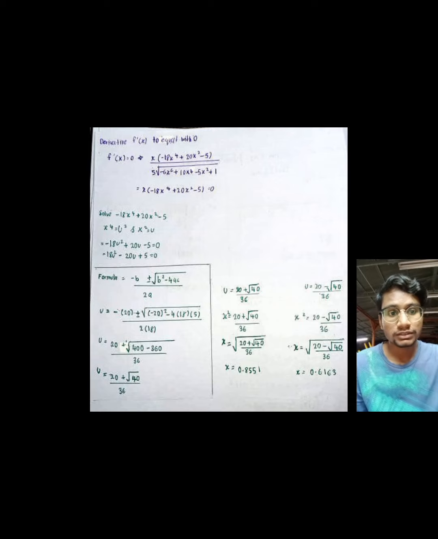After that, we use the formula: negative b plus or minus the square root of b squared minus 4ac, divided by 2a. So u equals negative (20) plus or minus the square root of (-20) squared minus 4(18)(5), divided by 2(18). Then we can get u equals (20 plus the square root of 40) divided by 36.